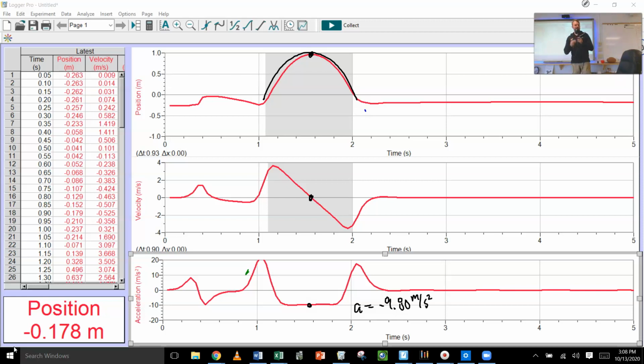We'll learn this a little bit later, but this is what planet Earth does. When you drop a ball, every second that goes by, it gets 9.8 meters per second faster. After 1 second, it's going 9.8, after 2 seconds, it's going 19.6, and after 3 seconds, around 30. It keeps getting faster, faster, faster.